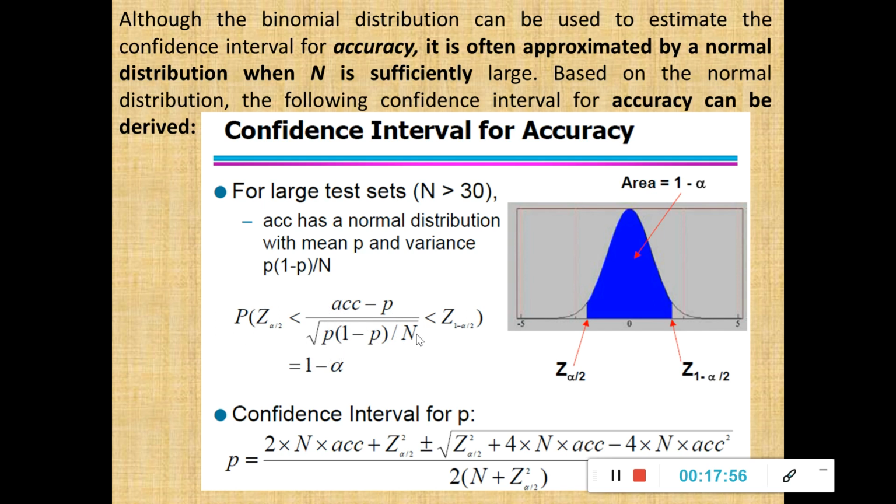We know p is probability, n is the total number of instances. The difference between the lower bound and the upper bound is 1 minus alpha, which I denote as the confidence level. And the confidence interval, that means z alpha for any given event probability, will be defined by this equation.